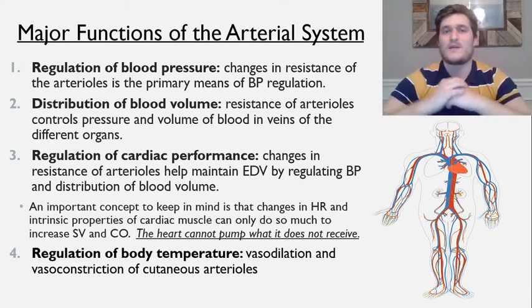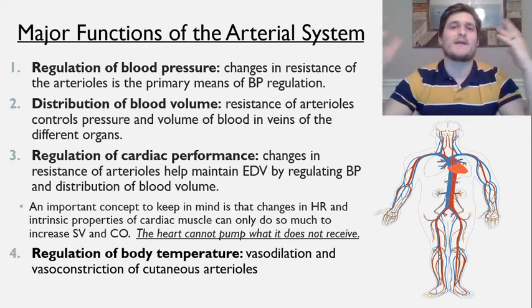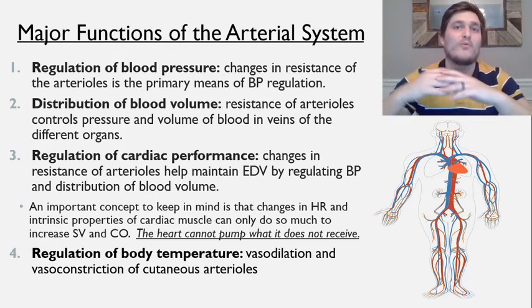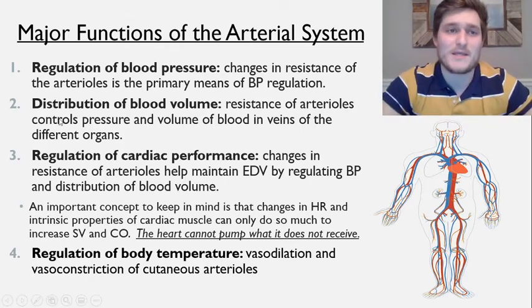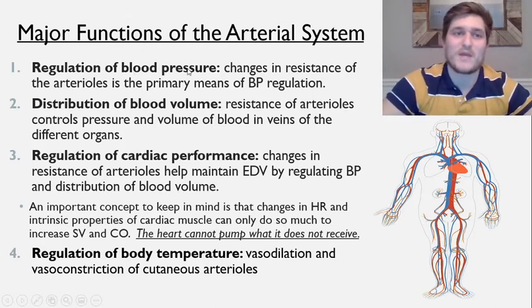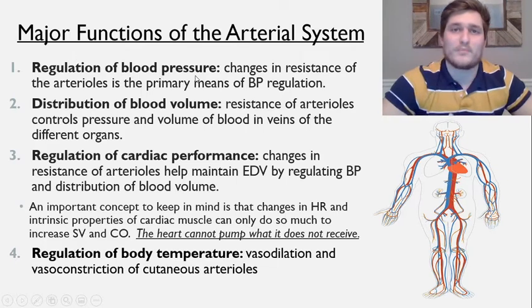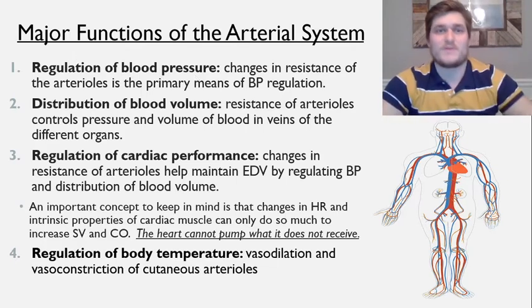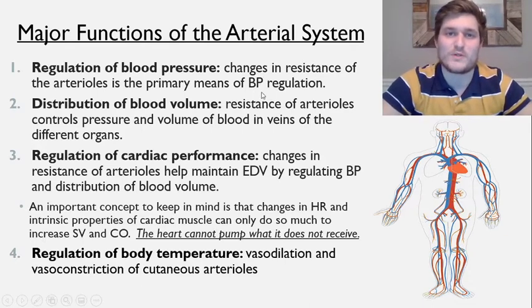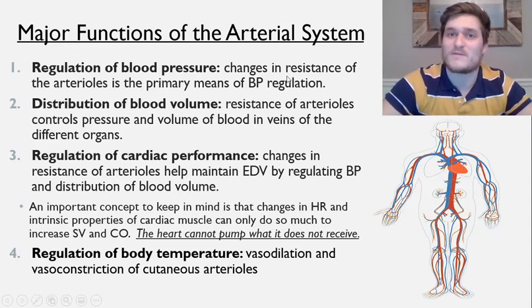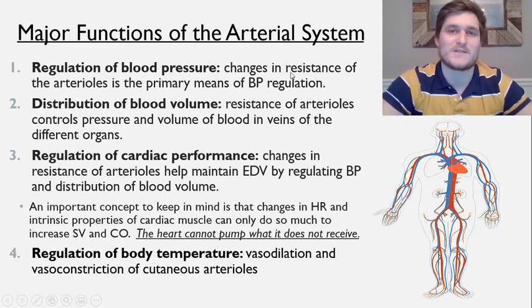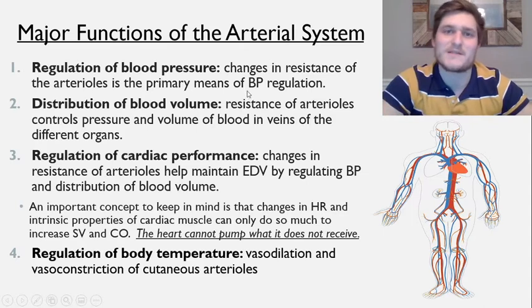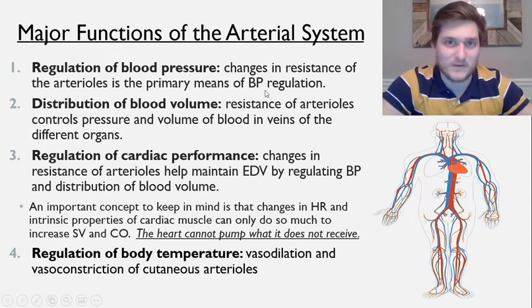The primary means to regulate resistance, and therefore blood pressure, is through the size of our arterioles. When arterioles are vasoconstricted, that increases resistance, which increases blood pressure. But when arterioles vasodilate, that lowers overall total peripheral resistance, and then lowers blood pressure, mean arterial pressure, as well.